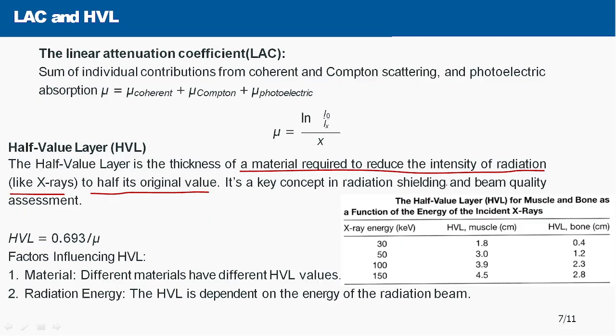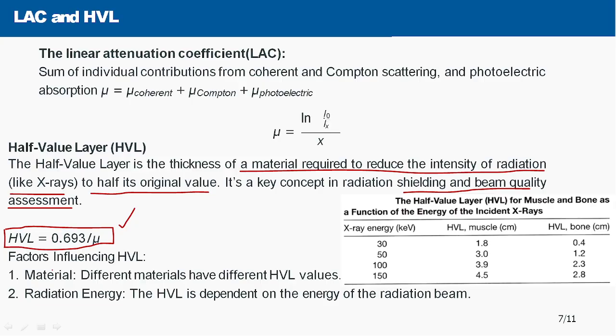It is a key concept of radiation shielding and beam quality assessment. So this can be written as HVL equals 0.693 divided by mu, where mu is the attenuation coefficient. So this will give you the half value layer.